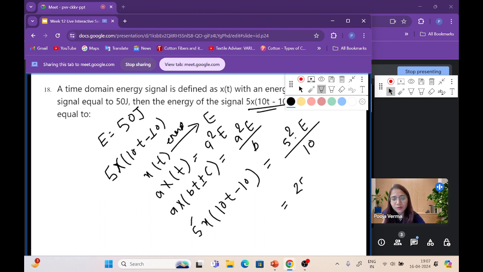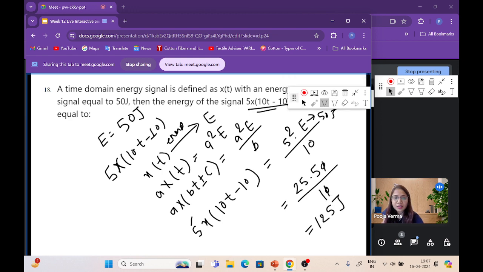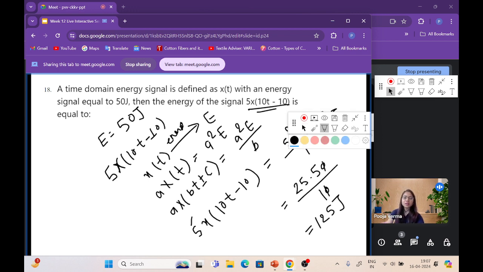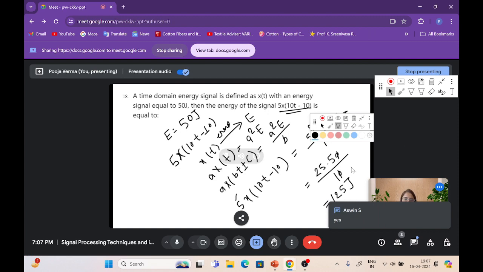So 25 into 50 joule divided by 10, and we will get 125 joule. So the energy of the signal 5x(10t minus 10) is 125 joule. Okay. I hope you understand this question. Can we move forward to the next question?